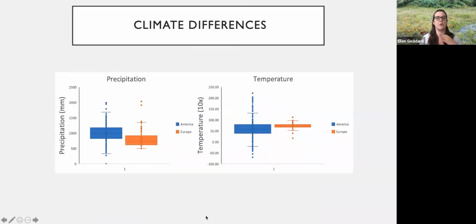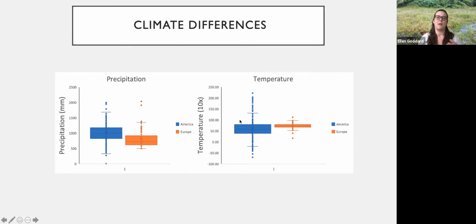But as it comes to climatic differences, what we have been seeing initially is that the populations in Europe have a lower level of precipitation than the ones in North America, which is to be expected. They're a lot farther north in North America. And then temperature, we're actually sitting at the higher end of the temperature range in North America.